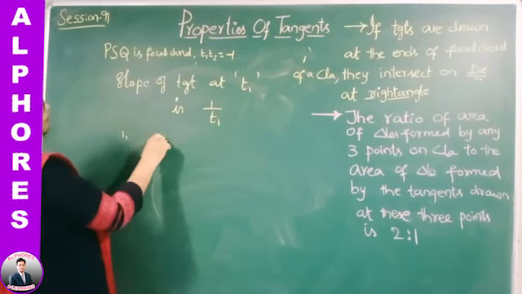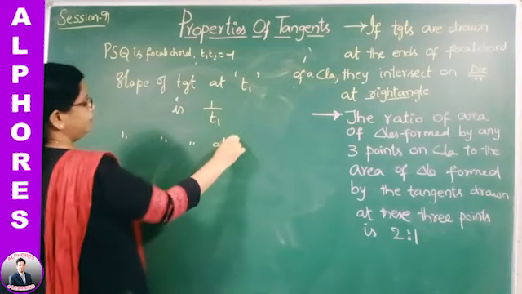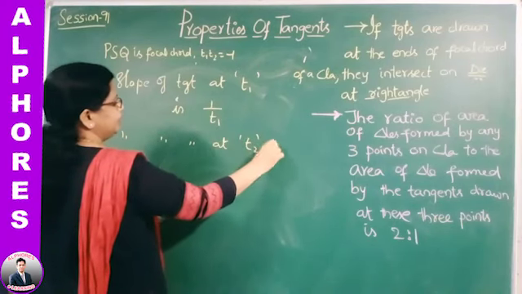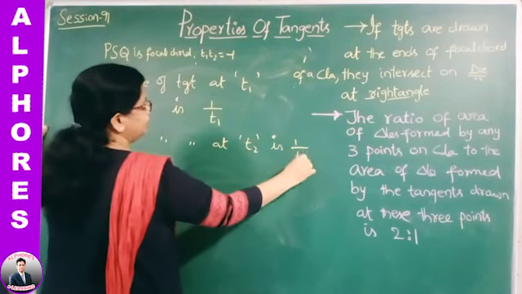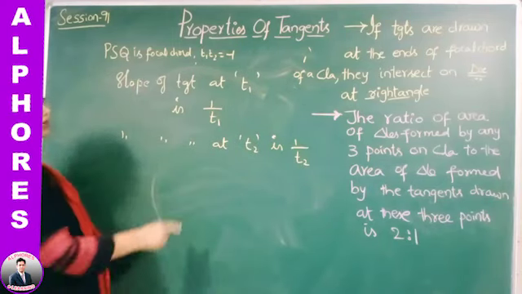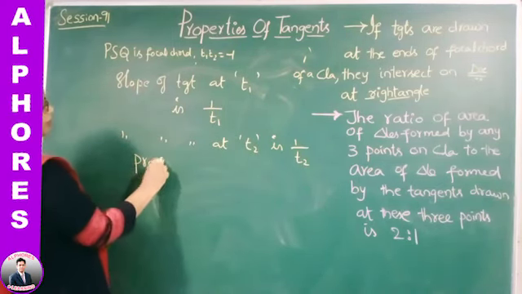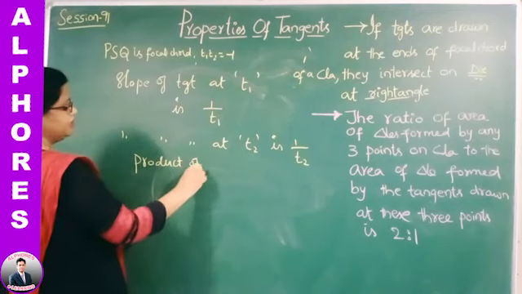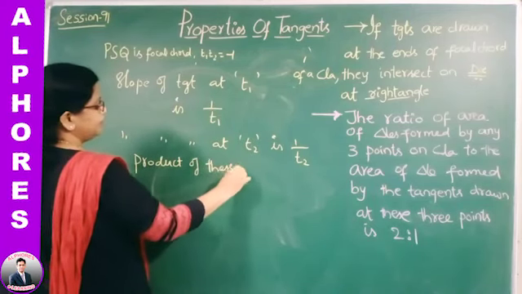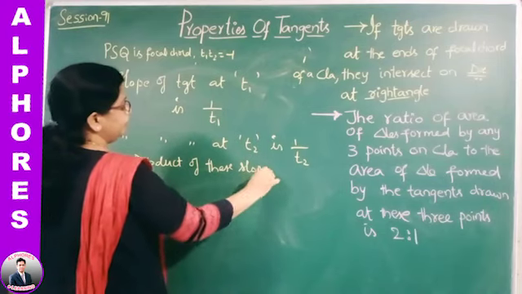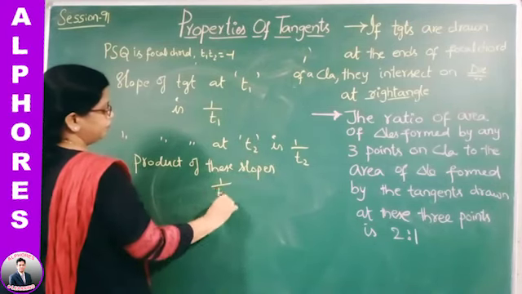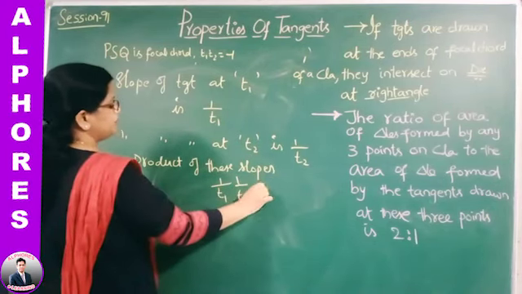Similarly, the slope of the tangent at t2 is nothing but 1 by t2. Now what is the product of these two slopes? The product of slopes is 1 by t1 into 1 by t2. But what is our t1 t2 students here?